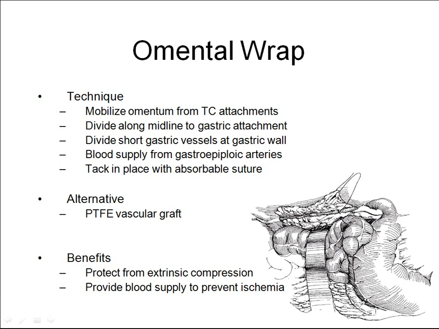Some reports in the literature describe the use of PTFE vascular grafts in patients without omentum available. The benefits of omental wrapping include protection from extrinsic compression and blood supply to prevent ischemia. Interestingly, there's also a higher rate of postoperative ileus in patients in which an omental wrap is performed, and also late obstruction of the bowel.